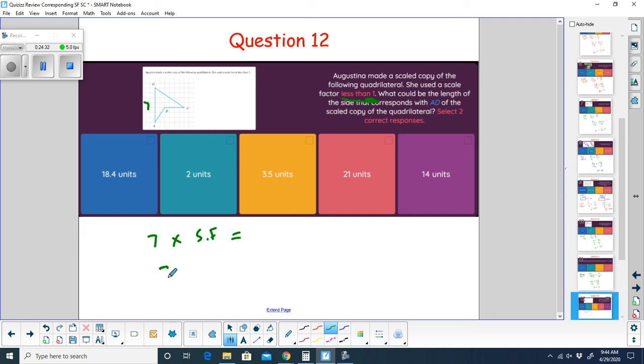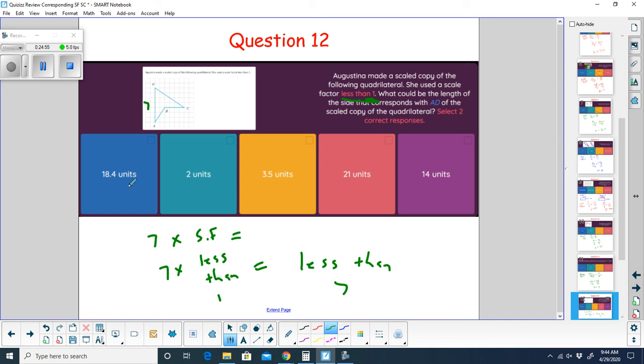This is 7 times a number that is less than 1, right? So if I take 7 and multiply it by a number less than 1, I'm going to end up with an answer that is less than 7. So we are looking for 2 answers that are less than 7.